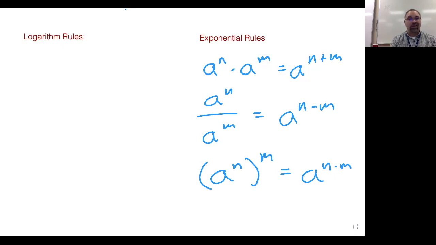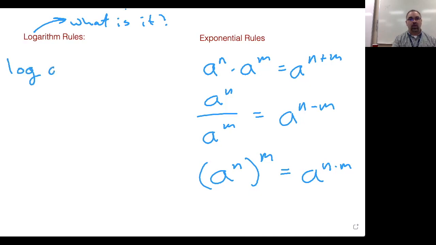Because what is a logarithm? It just means exponent. So we'll see in a minute when we review logarithms what it is, but it literally just means, hey, what exponent do I put on this base number to get my answer?